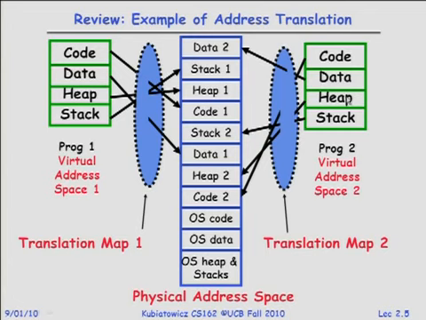Okay? Yes? The diagram seems to suggest that the program sees less of the memory, like a smaller portion of it. Is that true? Or does it think it's getting all of it? Well, the question of how many addresses there are over here relative to physical ones is actually extremely interesting, and we'll talk a lot about that later.